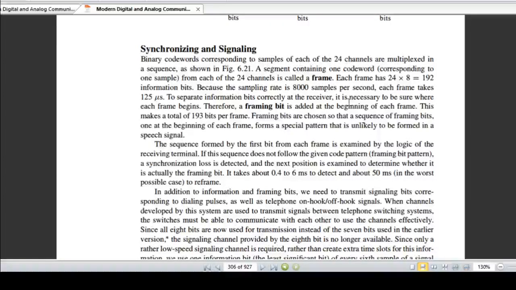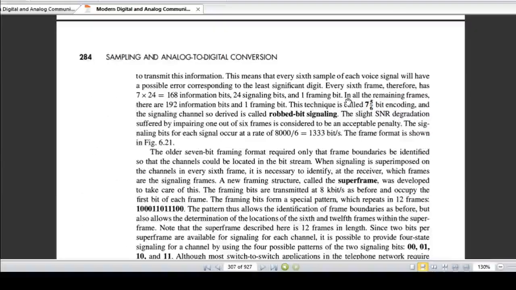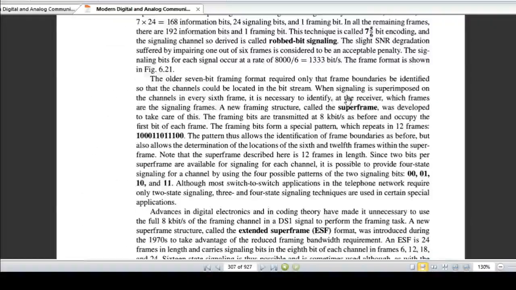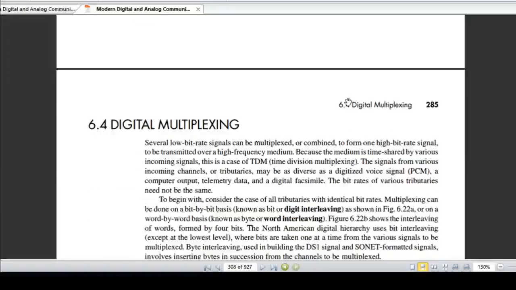So in 1 second, how many bits are transmitted? That will be 193 divided by 125 into 10 raised to minus 6. That will give us 1.544 into 10 raised to 6, or simply 1.544 megabits per second. So the bit rate of the T1 carrier system is 1.544 megabits per second.